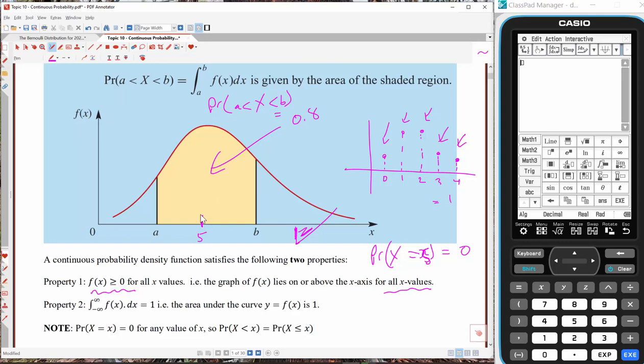Now remember, with integral calculus, if I try to work out the area along one line, these little rectangles get infinitely small, okay? And so we say actually the line itself, on 5, the area is actually 0, right? So what we note then is if I'm looking for the probability that the random variable is less than a particular value, it's also the same as if it's less than or equal to. It doesn't matter which one you use, okay? So this operation here does not matter.